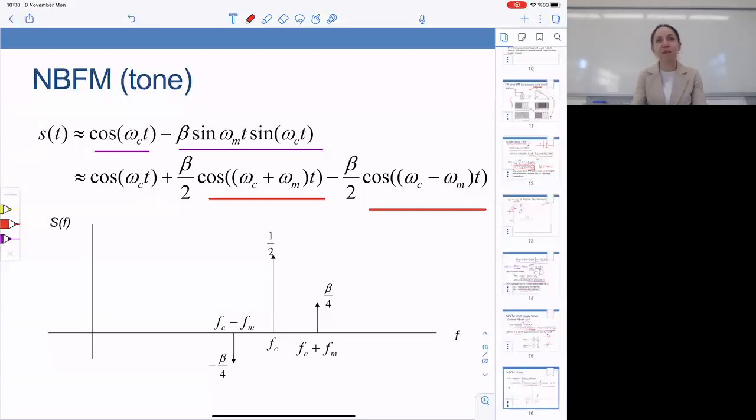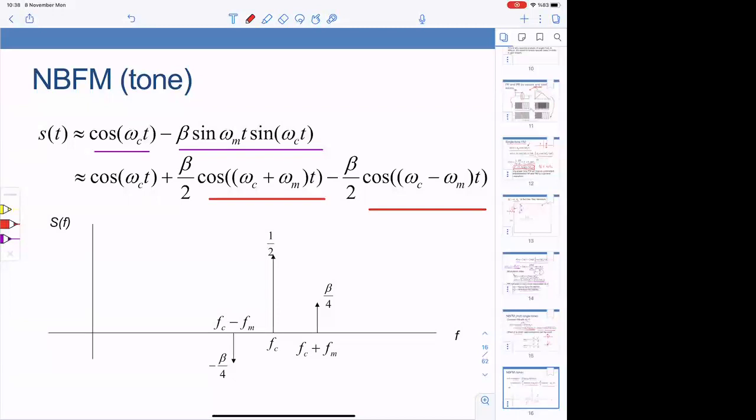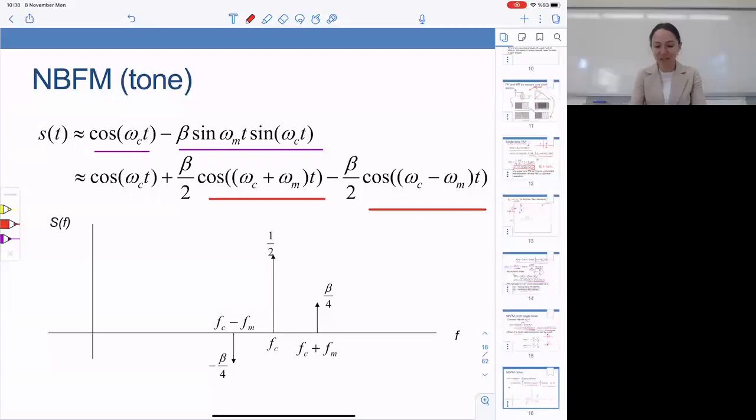Does this resulting modulated signal remind you of something that you've seen in the previous lectures? Yes, please, Mutlu. Right, it looks like the spectrum of double sideband suppressed carrier.